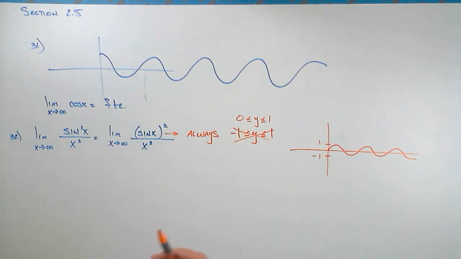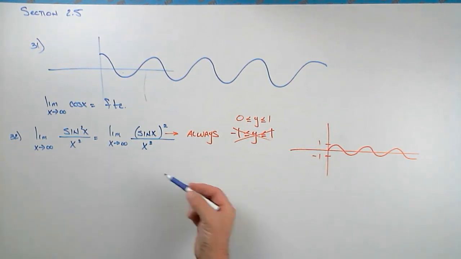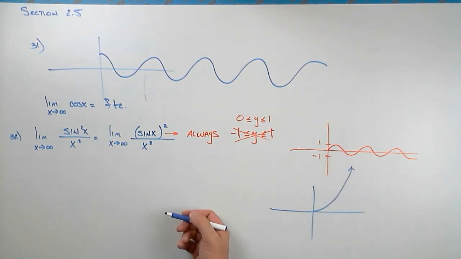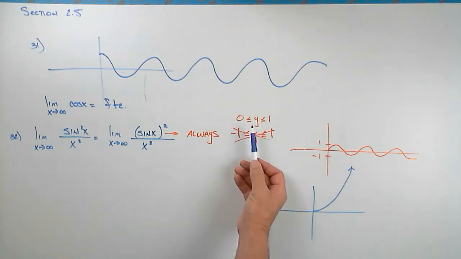This is the analysis part of our pre-calculus class that they want us to bring to our calculus class. What happens in the denominator, however? Well, the graph of x squared, we know that's a parabola. It goes like this. It grows without bound. So the numerator is always bounded between 0 and 1.